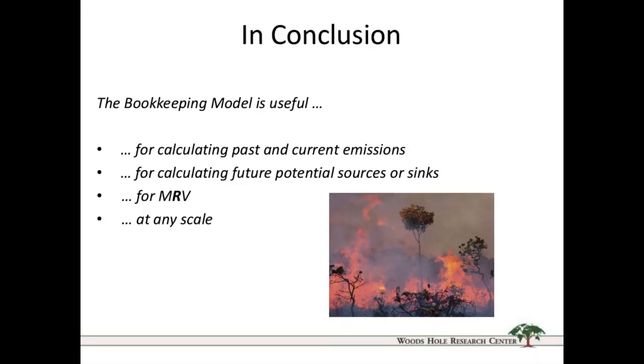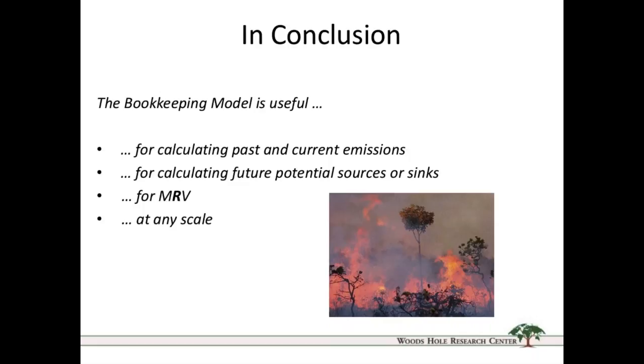To summarize, I just make the point that this approach is useful for calculating past and current emissions as well as sinks, calculating future potential sources and sinks, for MRV with an emphasis on reporting, and it's useful at any scale. I think the bookkeeping model is particularly attractive because it's intuitive.